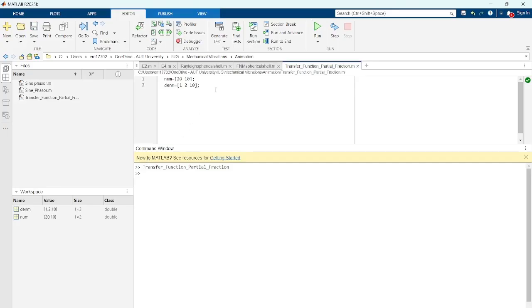Just on a side note, it's not a part of our course: if you want to make a new section, because you don't want to run the whole program again and again, you have already defined the values of numerator and denominator. You see it is saving it again and again, so you can always delete this one.